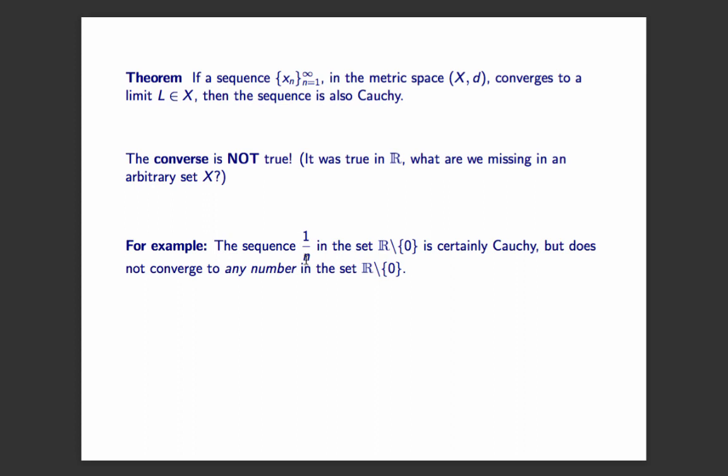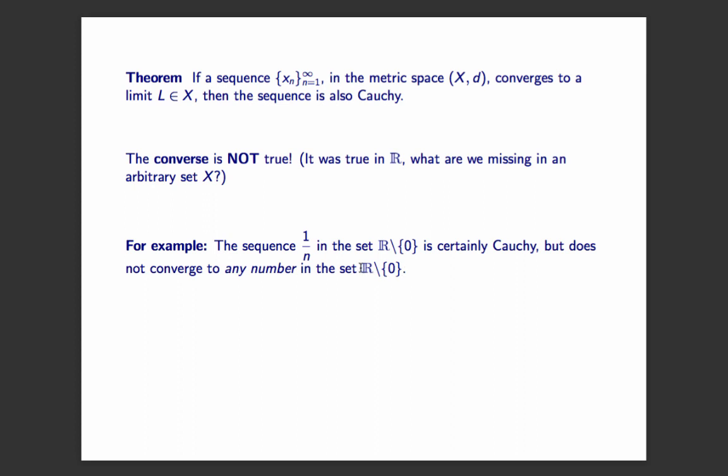So this sequence is clearly contained in this set, the real number line with the hole at 0. Now clearly the entries of the sequence get arbitrarily close to each other, meaning that it is Cauchy. However, the sequence does not converge to any number in my set. If we were to look at the sequence on the real line, we would say it converges to 0. But 0 is not in my set.